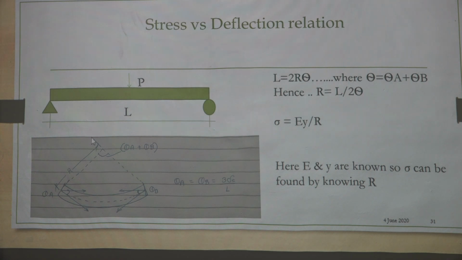As I explained, theta is equal to theta A plus theta B. Hence, r will become L divided by 2 theta, and if you substitute that r in the earlier formula, we get sigma equal to E y divided by r. Here E and y are known, so sigma can be found out by knowing r.